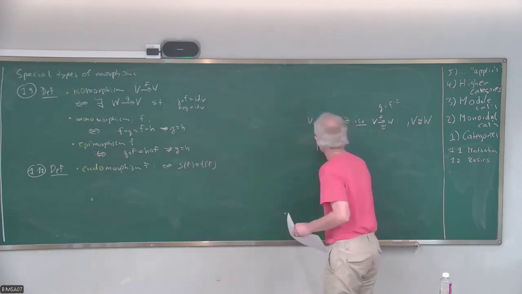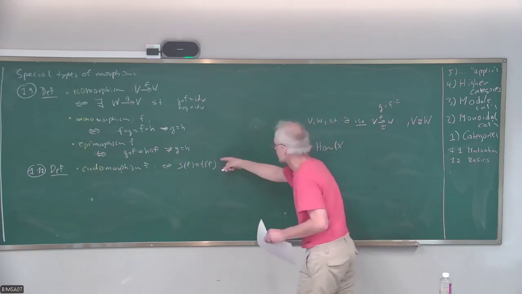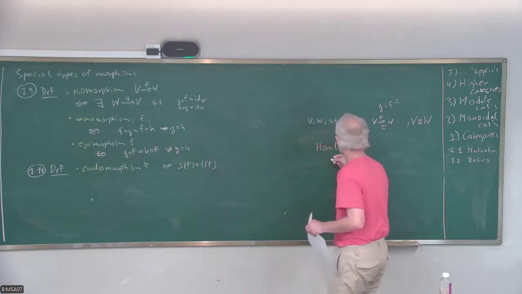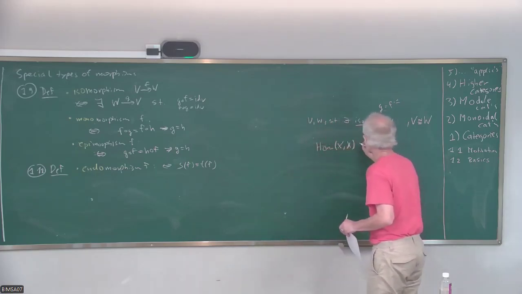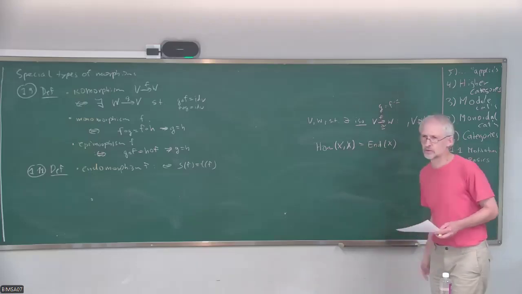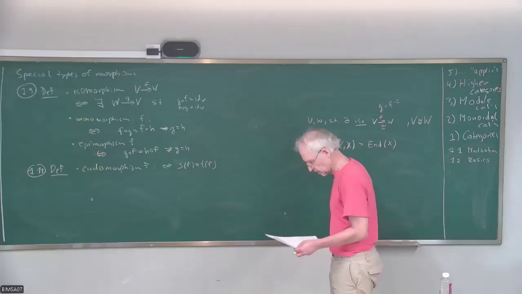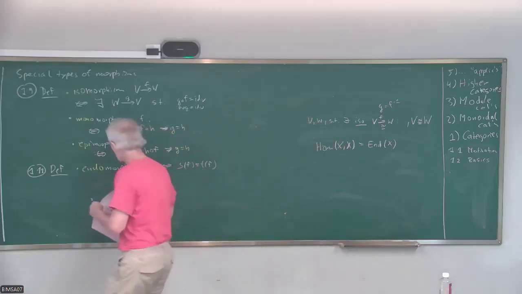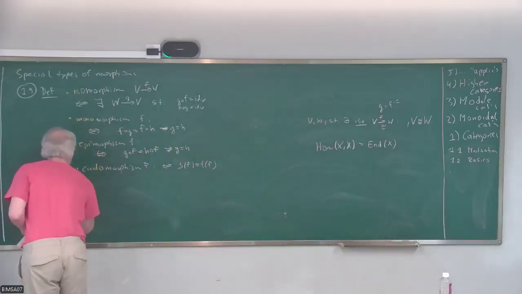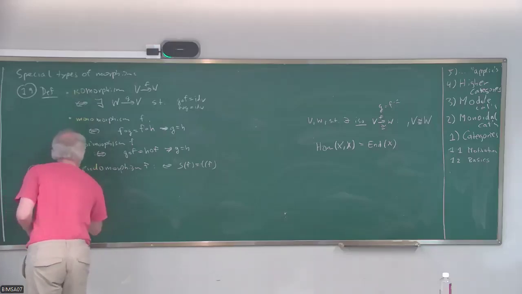And we write then for such, say if F goes from X to X, then instead of homomorphisms from X to X, occasionally I will write End(X). But it's not much shorter, so I will often not use it, but you will certainly see this in the literature. And then you have an automorphism.